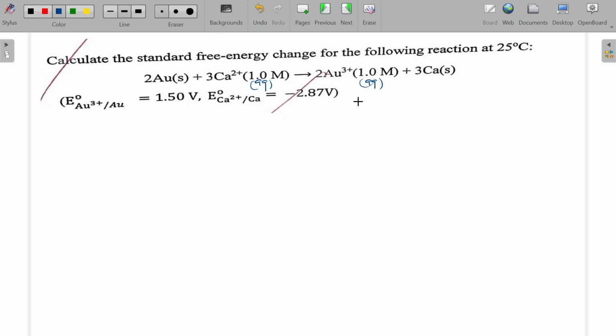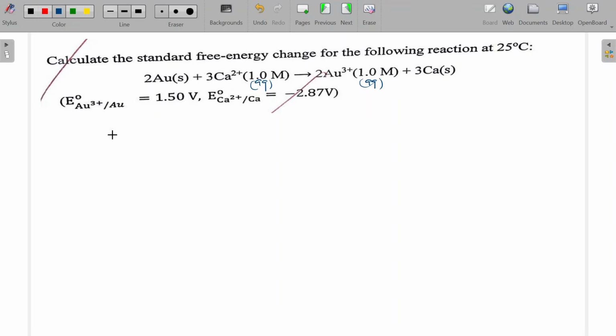This is aqueous as well, so don't let it confuse you. The question is asking us to calculate the standard free energy change for the following reaction at 25 degrees Celsius.